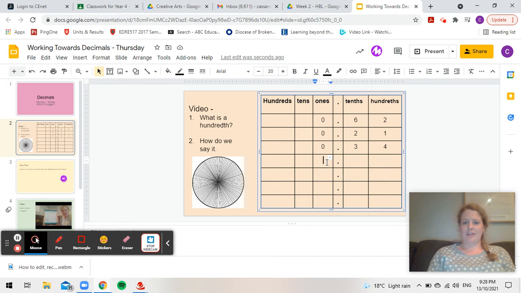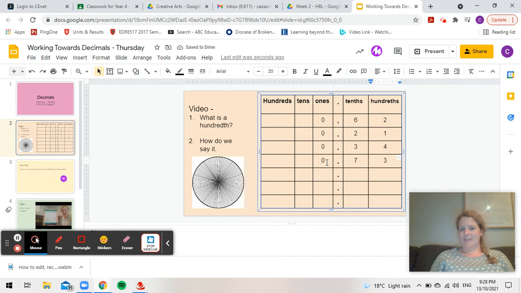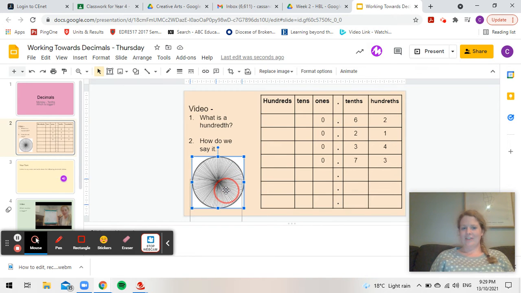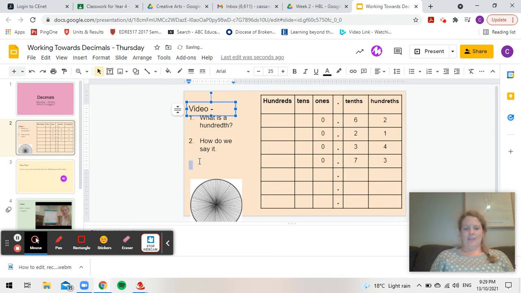Let's check it. 0 and 73 hundredths. If your number looked like this, you would be correct. Well done. So if you had a 0 and 73, that's what it would look like there. 0 and 73 hundredths.